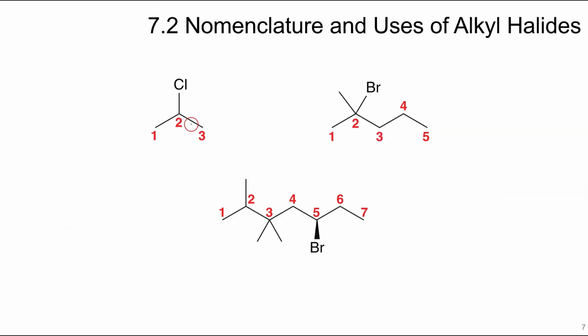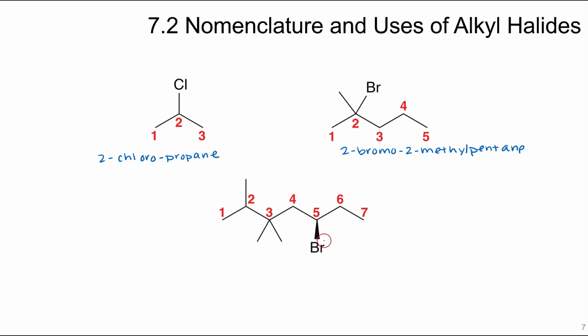Okay, so to name this one, the parent chain is 3 carbons. So we have propane, 2-chloropropane. This is 5 carbons. We have a methyl and a bromo. Bromo comes first alphabetically. All right, and this is numbered for us.